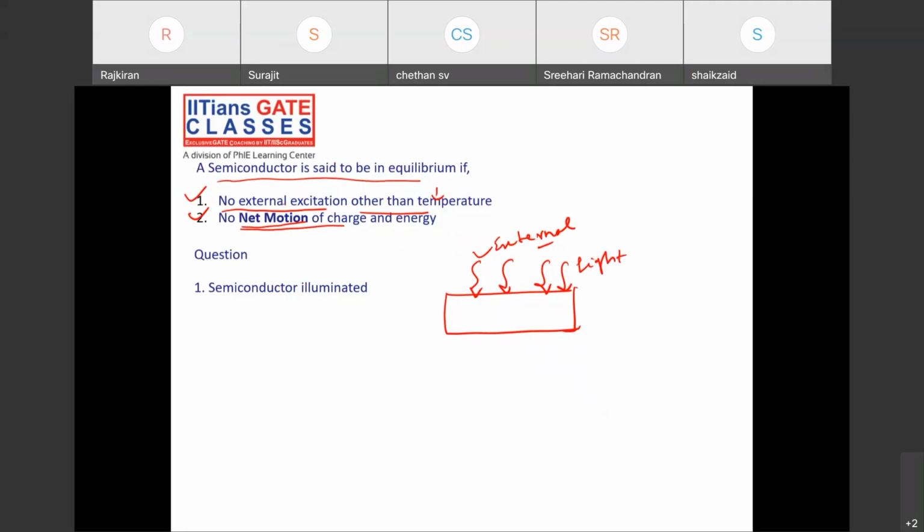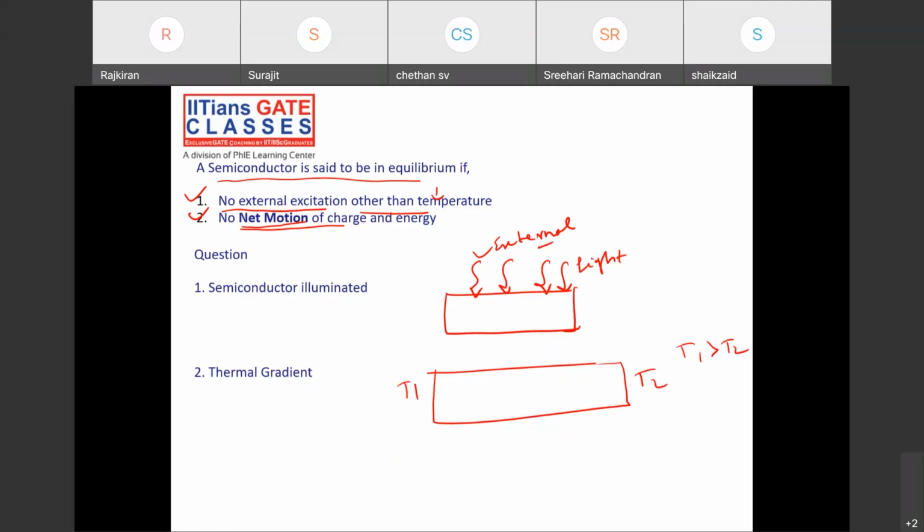Clear, sir. Okay. Suppose there is a semiconductor where one end is at temperature T1 and the other end at temperature T2, and T1 is greater than T2. Can you tell me if this is in equilibrium or non-equilibrium? Non-equilibrium, sir.